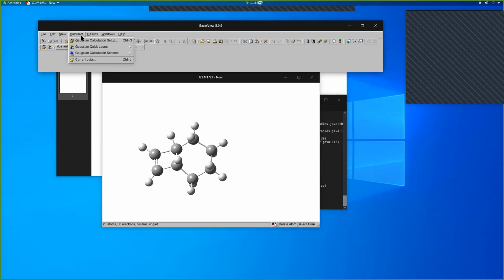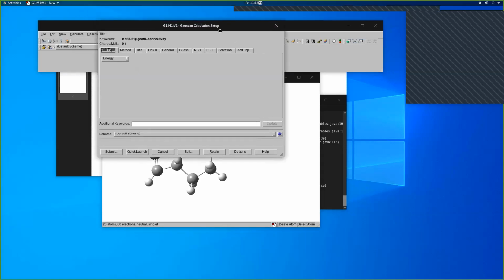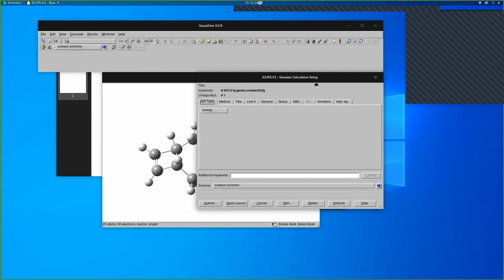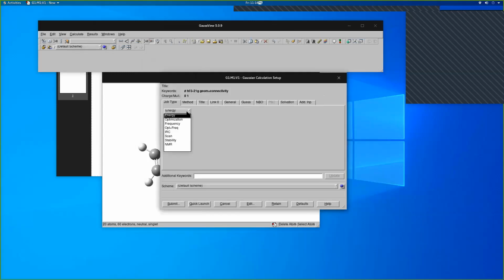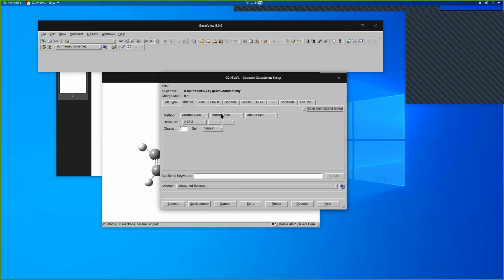So I'm going to set up some calculations, and the first one that we want to do is a geometry optimization. So we've constructed the molecule, and maybe what I need to do is an optimization with a frequency analysis at the end. And the method, Hartree-Fock, we said is no good.